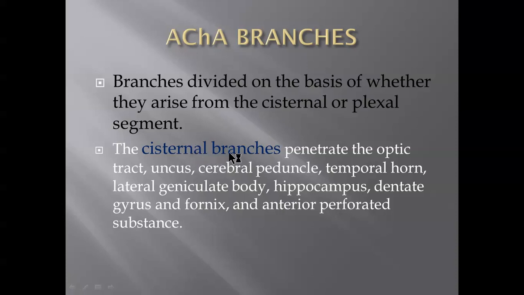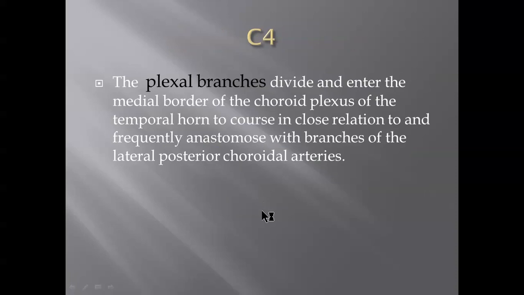The cisternal branches supply the optic tract, uncus, peduncle, temporal horn, lateral geniculate body, hippocampus, dentate gyrus, and fornix. Plexal branches go to the choroid plexus or the temporal horn.